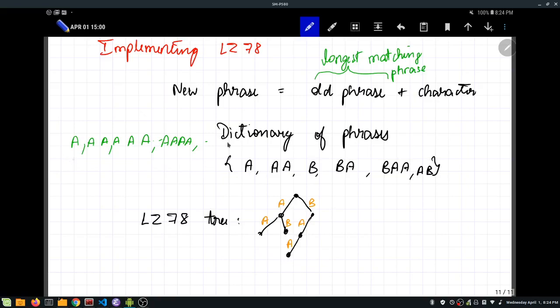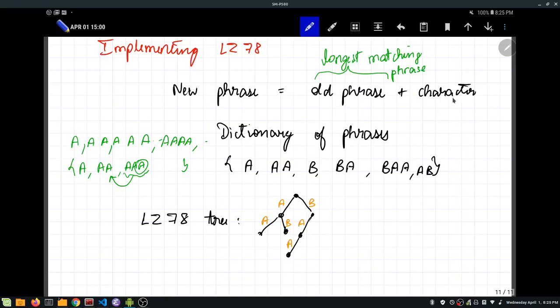Initially there is nothing in the dictionary, then you add A to the dictionary, then you add AA, then you add AAA, and so on. And in fact, this next substring in the dictionary is simply an element in the dictionary plus a new character. So that's why every phrase is some other phrase in this dictionary plus a new character.